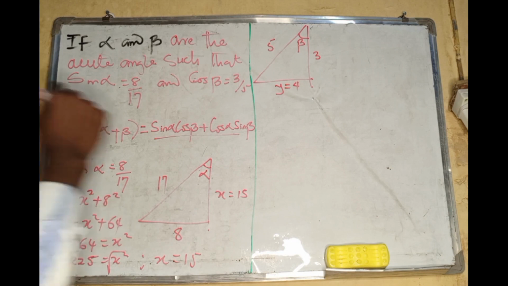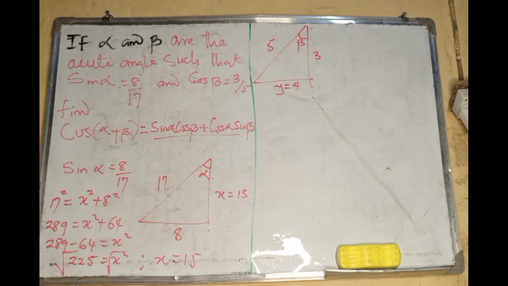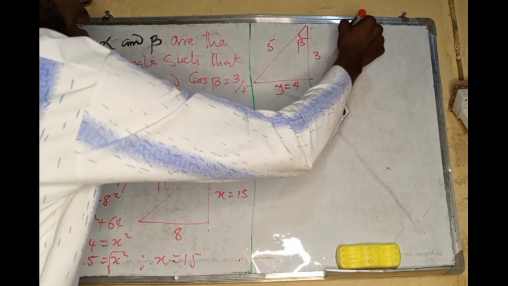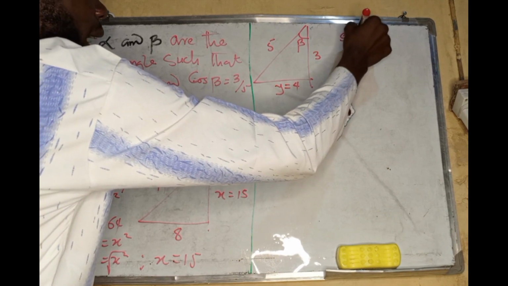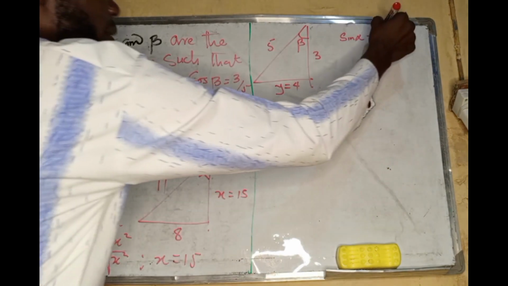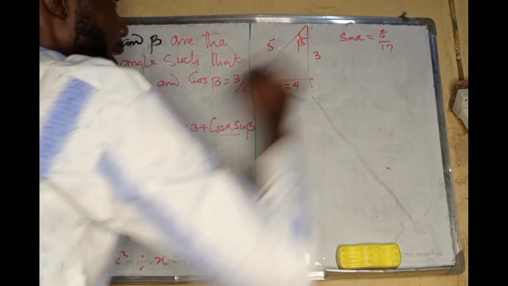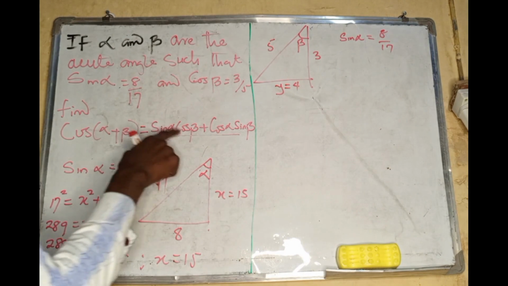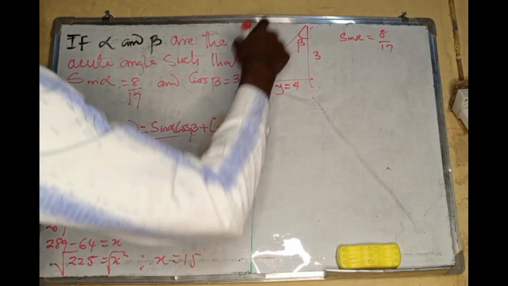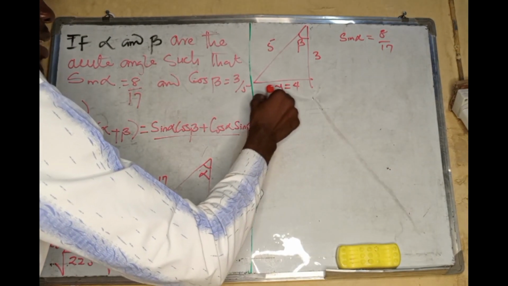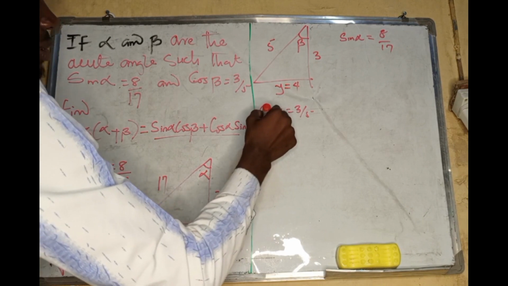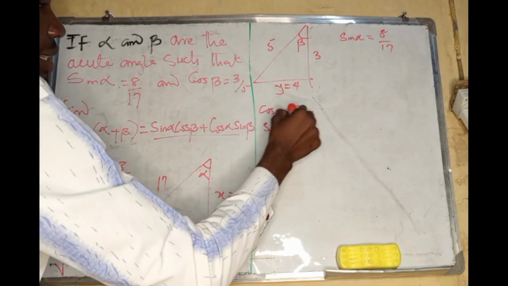So now, let me establish my facts before I fire down. What is the value of sine alpha? So guys, sine alpha, from the question, is given as 8 over 17. So this is 8 divided by 17. Okay, good. Next, let's get the value of cos beta. Have you gotten cos beta? No. Okay, let me come here and establish something. So guys, cos beta here as given is 3 over 5, and sine beta here, what's sine?